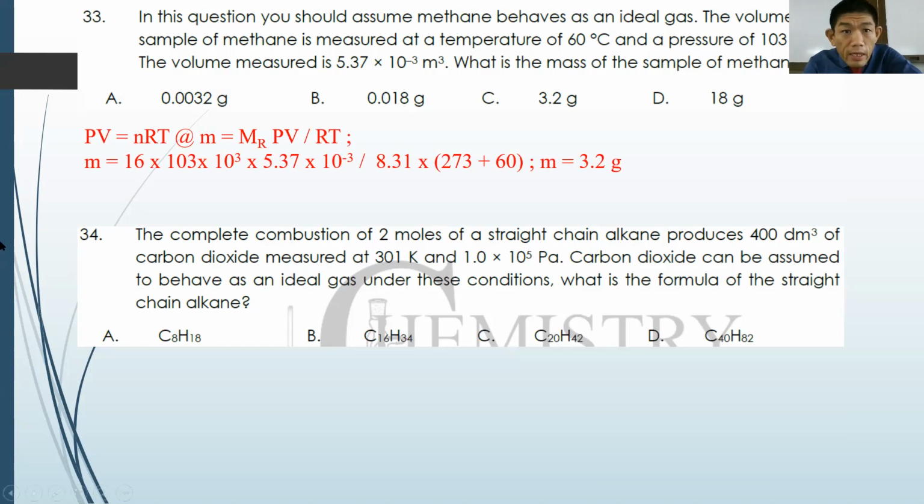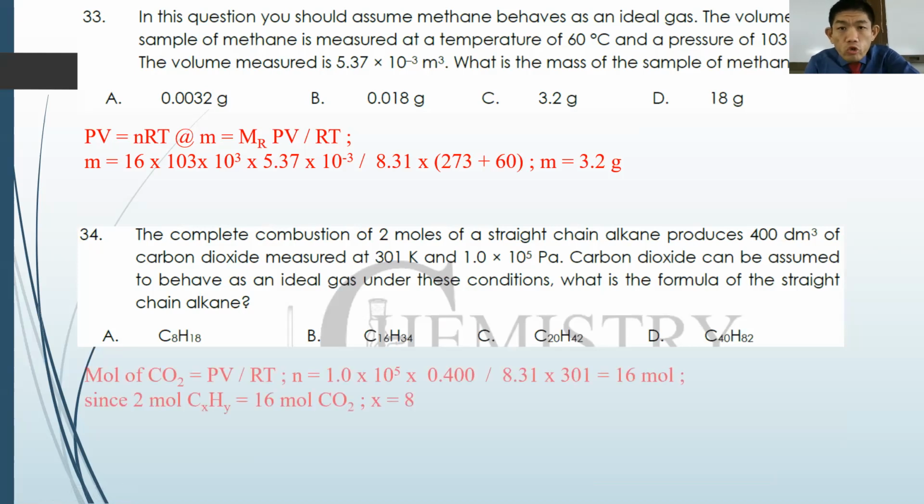You get 16, which is the molecular mass, times the pressure 103 times 10 power of 3 pascal, and then volume is 5.73 times 10 power negative 3 meter cube over 8.31 times 273 plus 60. So at the end you'll get your mass is 3.2. So the best answer in here is C.